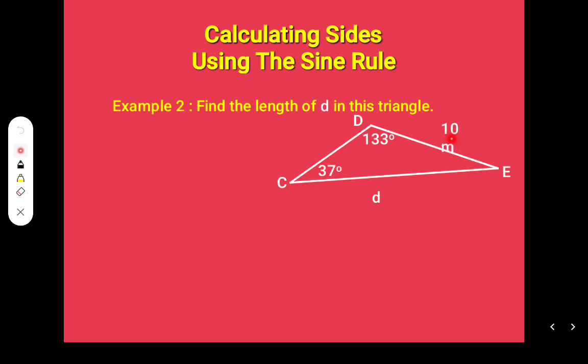Then we have the sides given. This one is 10 meters and this side is d. The question is for us to work out the value of d.